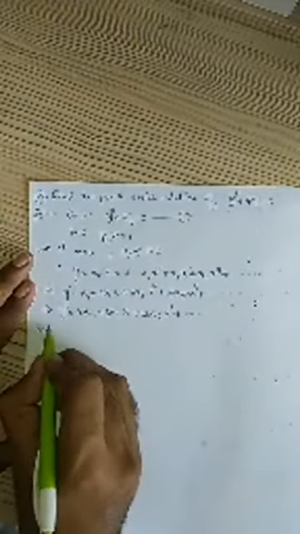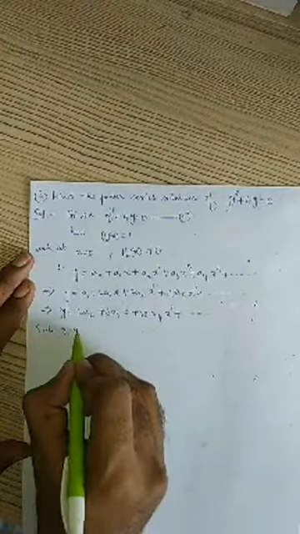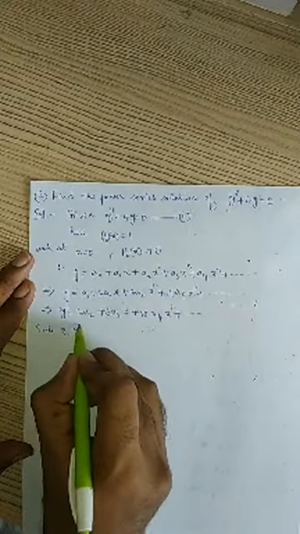Now we have to substitute y and y double dash in the equation. Then what will happen? Y double dash means 2a2 plus 6a3x plus 12a4x square plus so on, plus 4 into y.